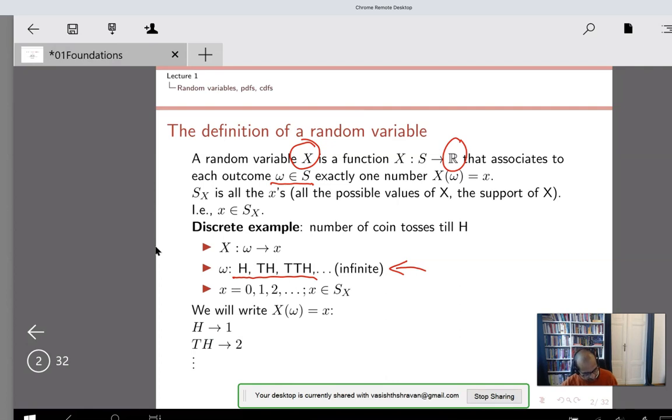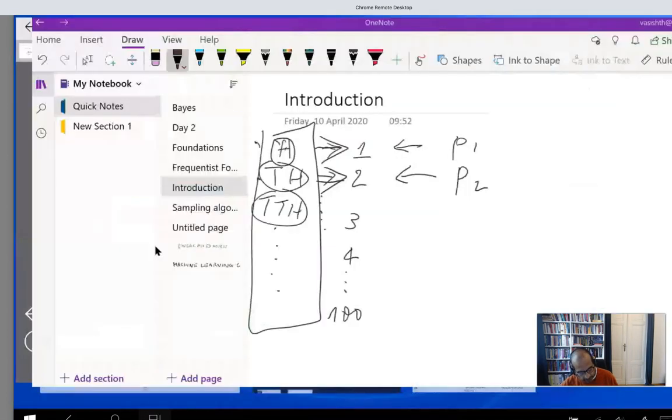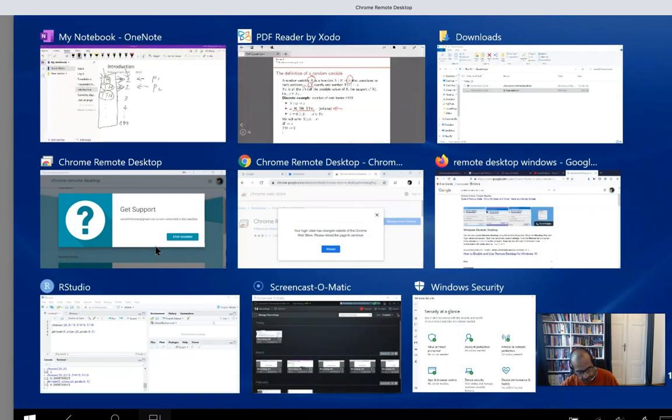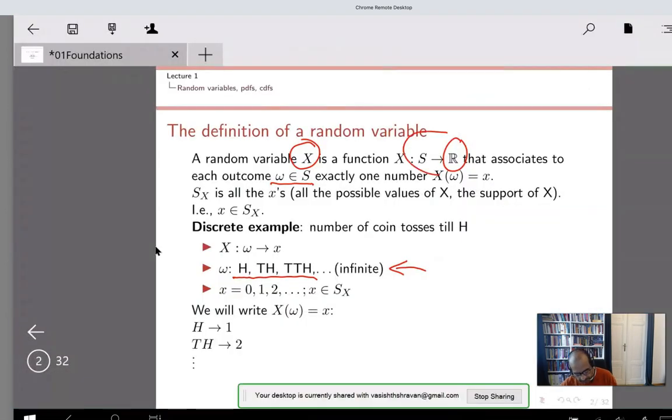So if you remember, that's what I just did here. For every one of these possible outcomes, I had a number 1, 2, 3, etc. as a possible mapping from each of the outcomes. So that's what this mapping is doing.